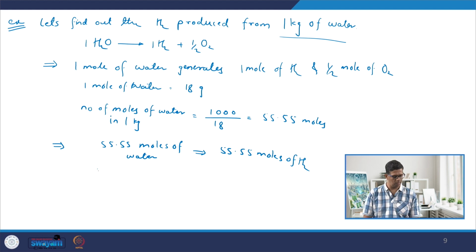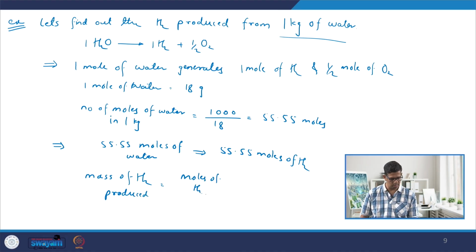And let's also find out the mass of hydrogen produced. First of all we have to use the molar mass of hydrogen. So the mass of hydrogen produced is nothing but moles of hydrogen produced times its molar mass, which is 2.